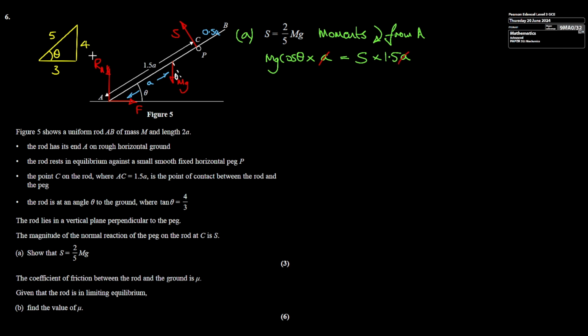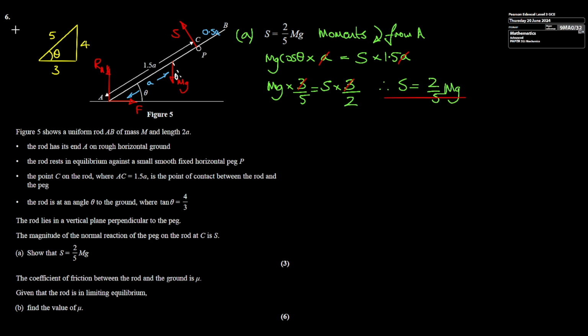So substituting a value of 3/5 for cos theta, I get that mg multiplied by 3/5 is equal to S multiplied by, well, 1.5 is 3/2.